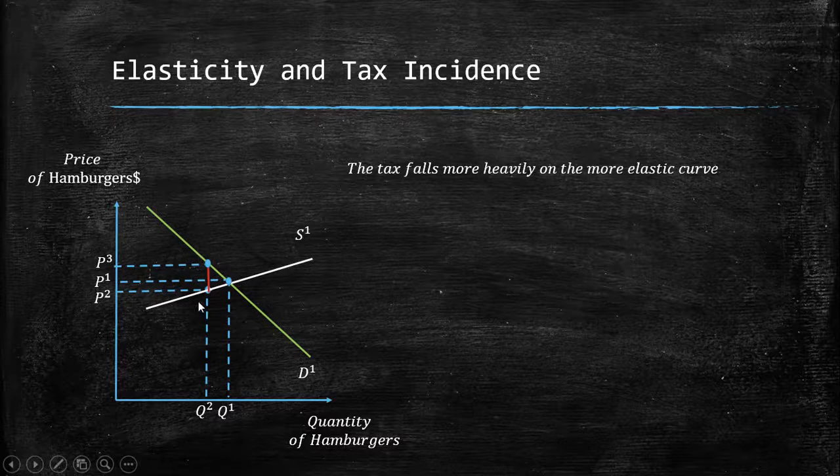If you are more elastic, like the supply curve, you are going to be less affected. So here is inelastic, okay, like we see here in the graph. What is affected more is going to be the demand, because it's more inelastic. So if you are elastic, you're not going to be so affected.